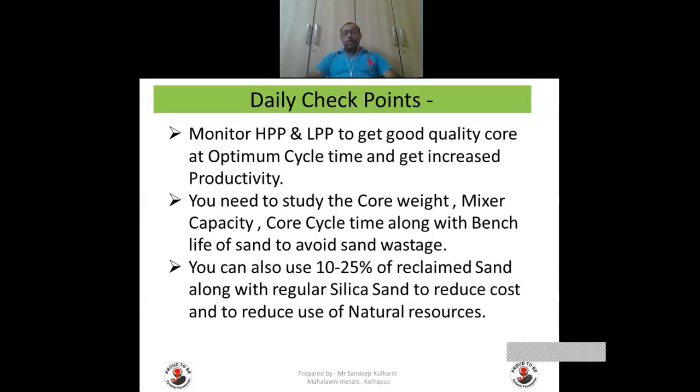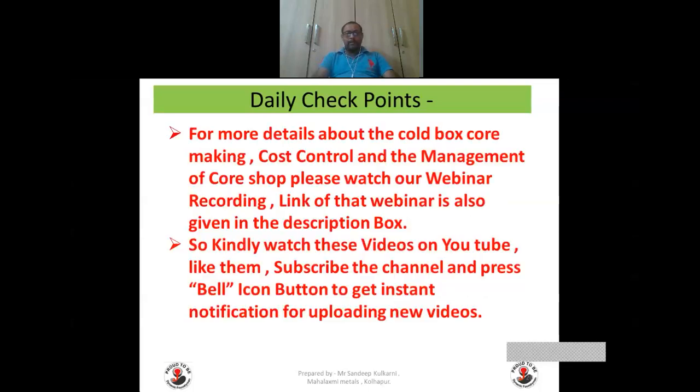You need to study the core weight, mixer capacity, and core cycle time along with bench life of sand to avoid sand wastages. You also need to use 10 to 25% of reclaimed sand along with regular silica sand to reduce cost and to reduce use of natural resources for the environmental aspect.